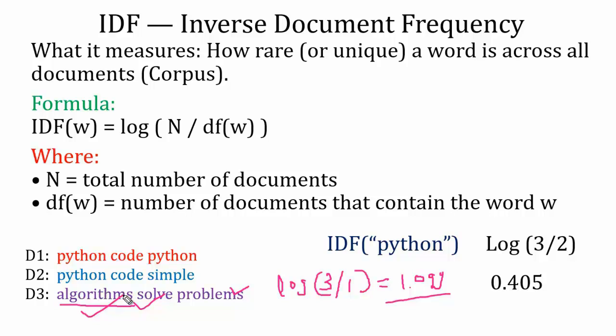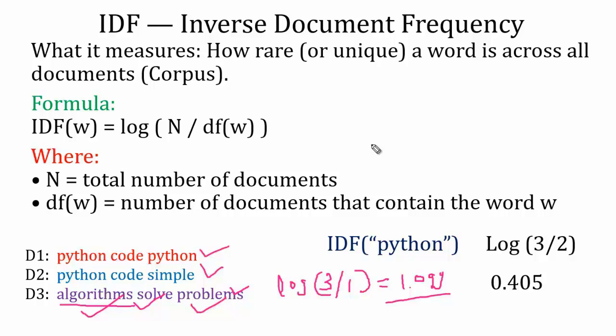Previously we calculated TF, right? So IDF is high when a word appears in fewer documents. If a word appears in all documents, IDF becomes 0. Let's consider Python appears in all the documents, here, here, and here. We are assuming this, right?